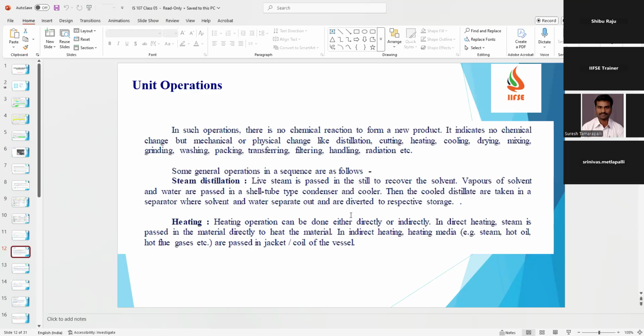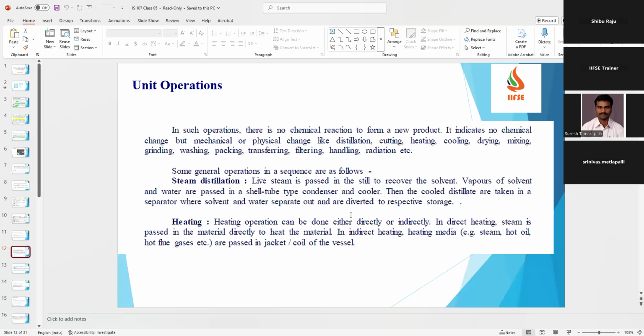In the unit processes, where the chemical reaction happens, the properties and qualities change. In unit operations, there is no chemical reaction and no new products form. In processes we make different products, but in operations it just changes the physical properties of the material.